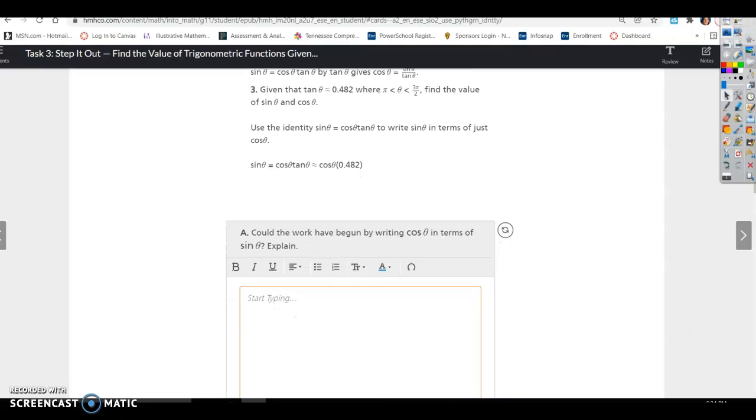All right, it says use the identity sine of theta equals cosine times tan to write sine of theta in terms of just cosine. So sine of theta equals cosine times tan, which is approximately cosine times 0.482. So we're given tan is this. So we're going to take the formula that we had above, and all we're going to do is substitute this in place of tan.